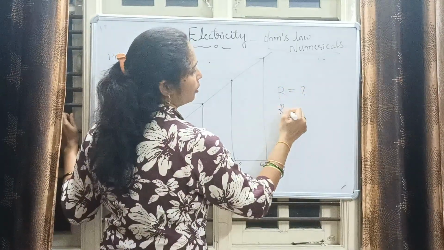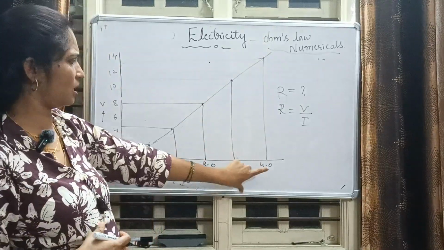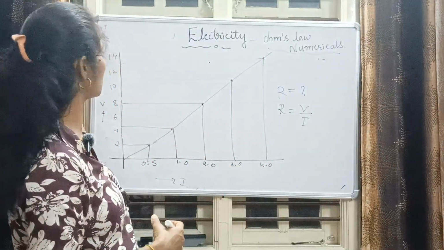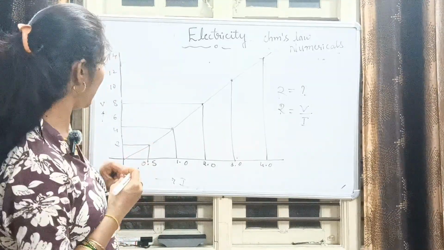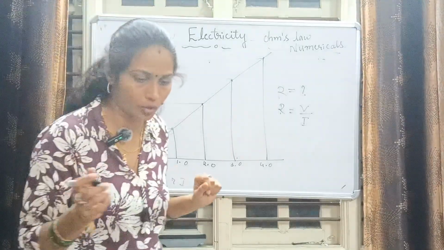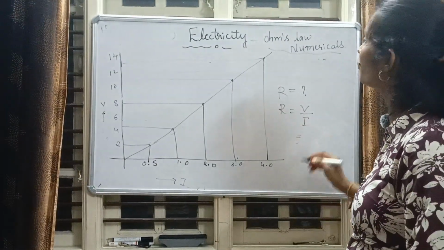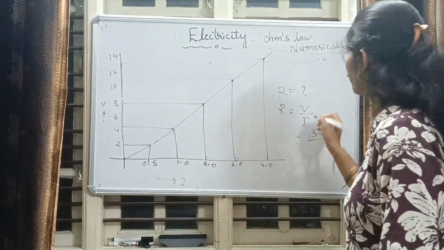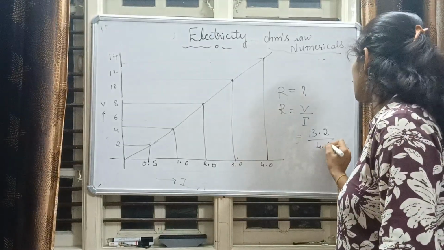Okay, R is equal to how much, guys? V by I. I'll take the highest value of current and the highest value of voltage. Which one is the highest voltage? The highest V is 13.2 divided by the highest I, which is 4.0.